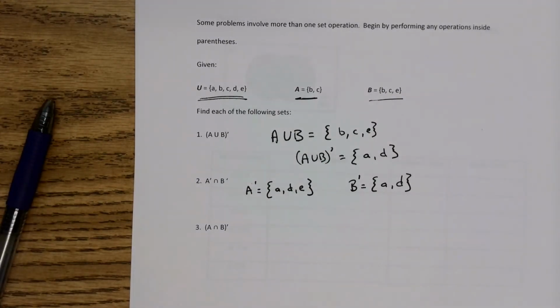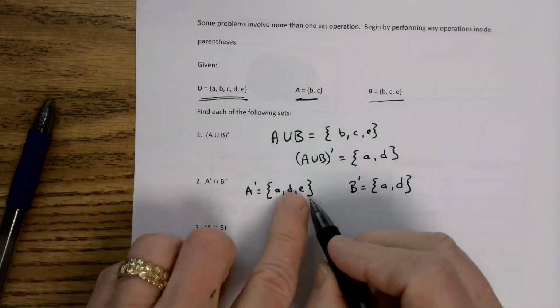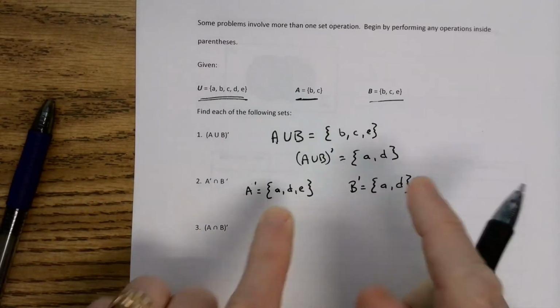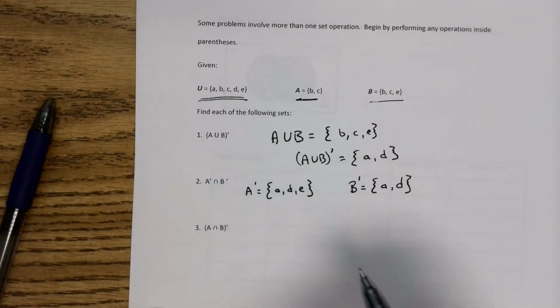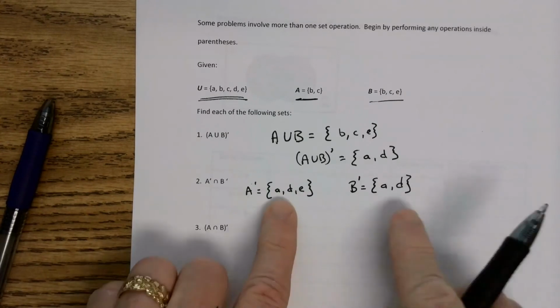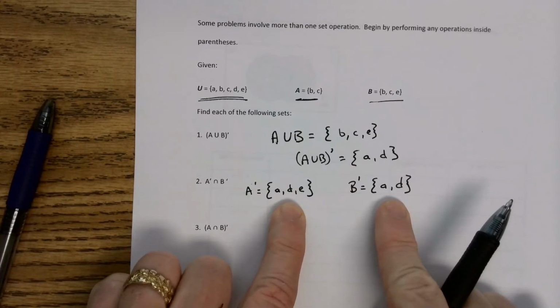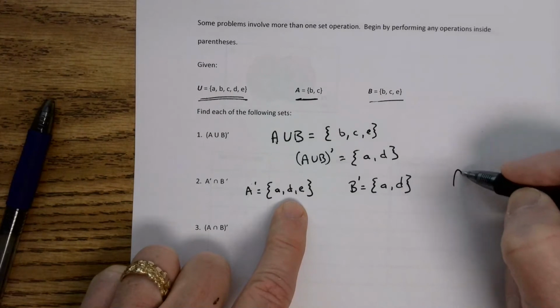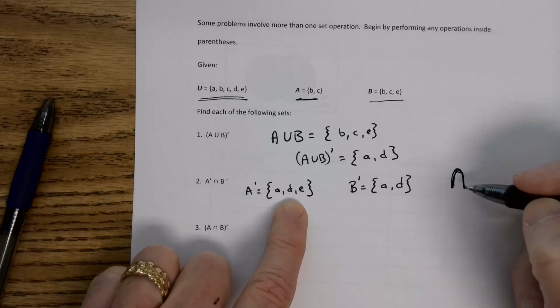All right, now we want this symbol right here. We want to take that and that with the intersection symbol. The intersection symbol means what elements are in both of these?